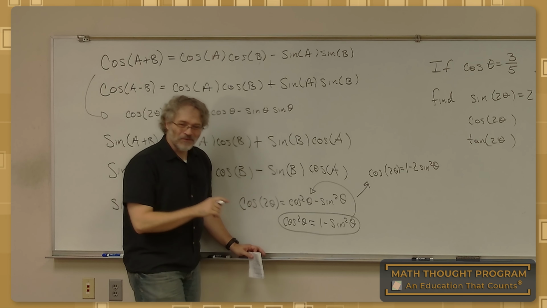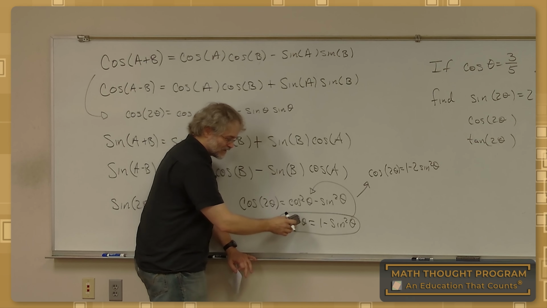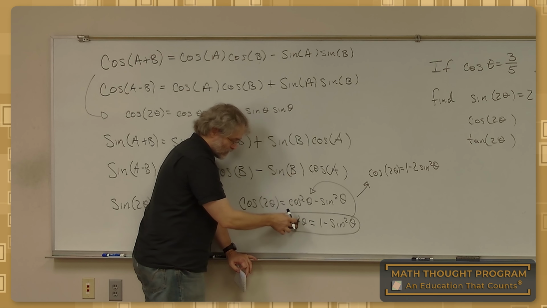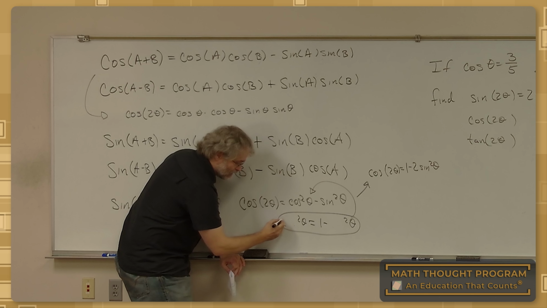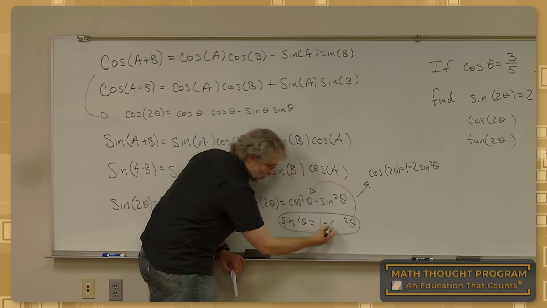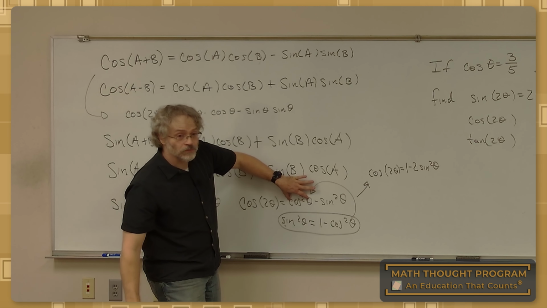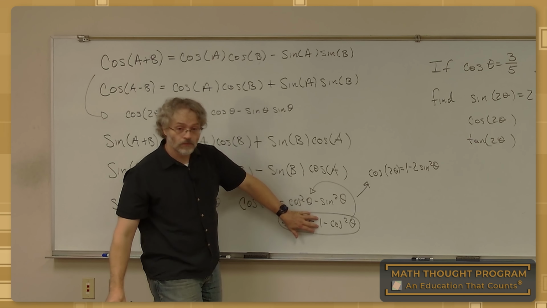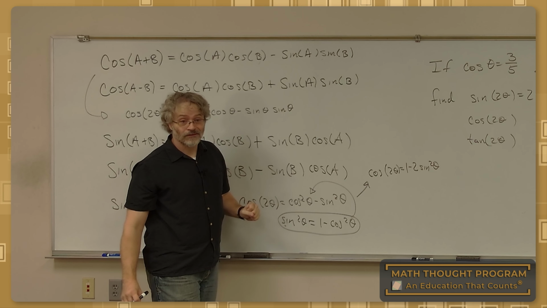Whoa. What if you did it the other way? What if instead of throwing the sine squared over, you threw the cosine squared over, and you took that and plugged it in up top? Well, you have cosine squared minus 1 minus cosine squared.